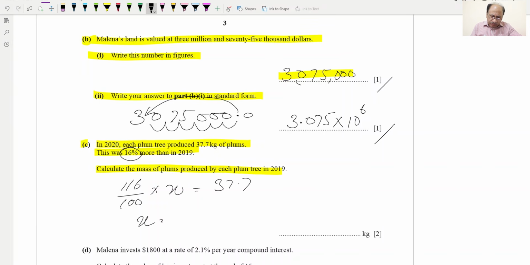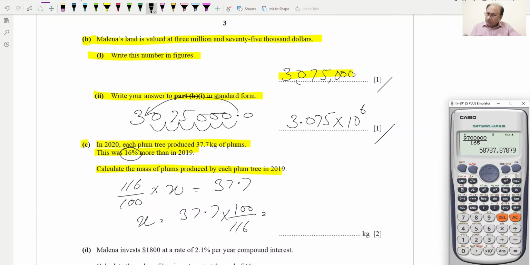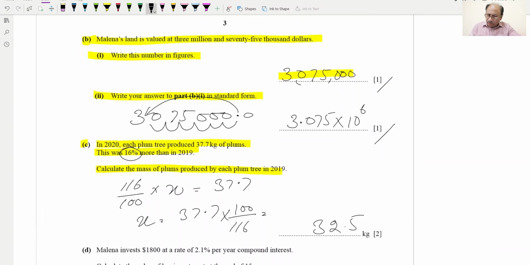So X will be equal to 37.7 multiplied by 100 and divided by 116, and this is 32.5. So 32.5 kilograms will be our final answer over here.